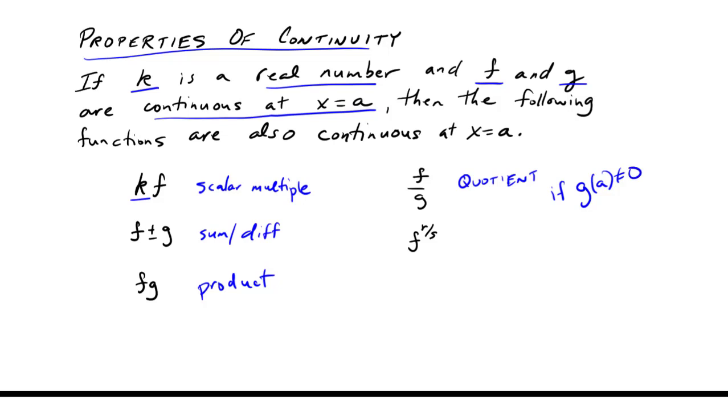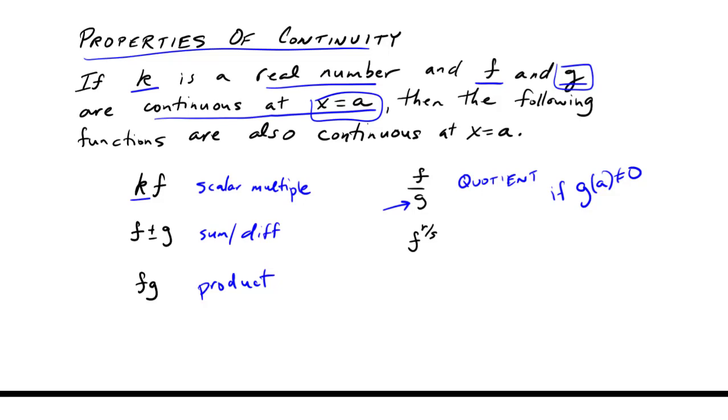So we said g was continuous at x equals a, but now because it's in the denominator, we need a little more than that. We need also that it's not equal to 0, because that would keep the whole fraction from being undefined as long as it's not 0.